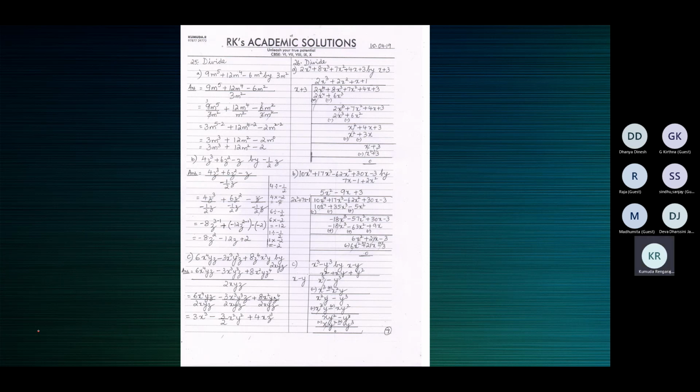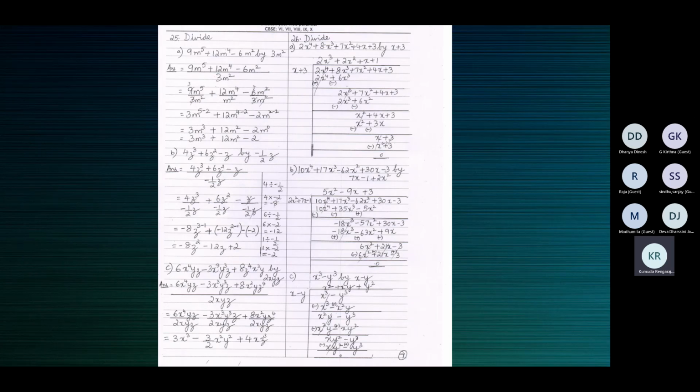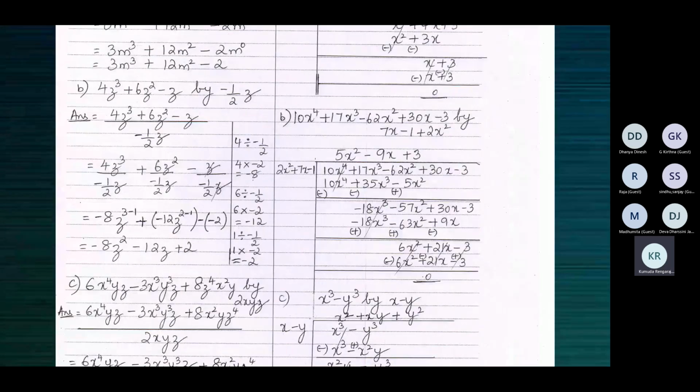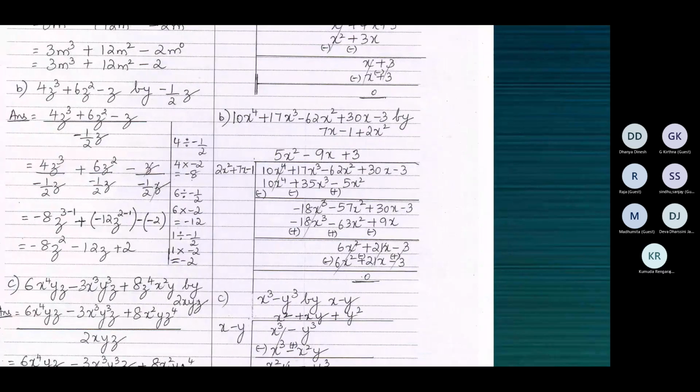I'll try to understand the next one. Ask me your questions. Let me see how you can do this. What's the first step? Ma'am, we have to arrange the terms in descending order. Very good. So it's already in the descending order, right? Yes, ma'am.